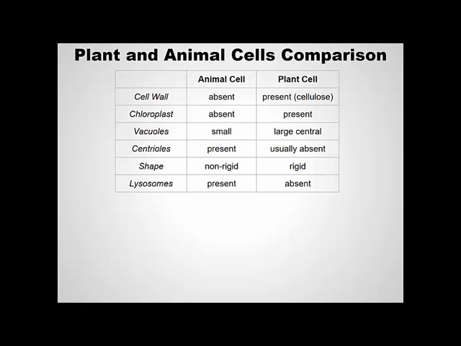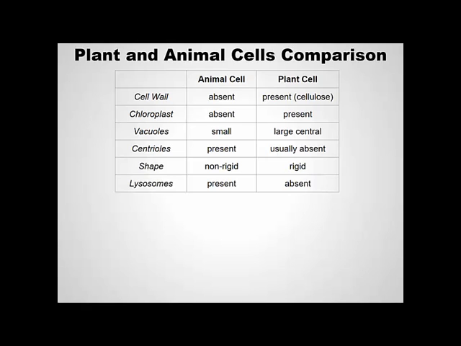One of those is a cell wall. Plant cells are surrounded by a cell wall made of cellulose, a rigid carbohydrate, a polysaccharide. That's what makes up the cell wall of a plant. Animal cells don't have that. It helps give plant cells their shape and structure.